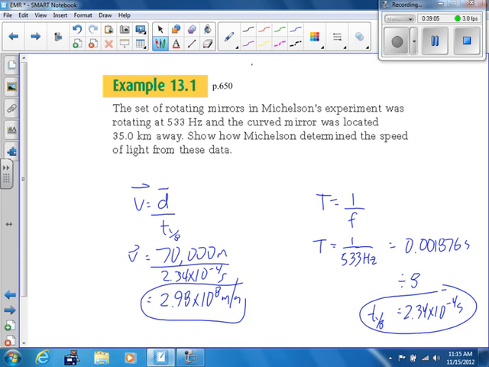There is no way that you'd be able to measure that time physically by hand. No way. It's such a ridiculously small amount of time. But it is very conceivable to know the frequency of a mirror, how many revolutions per minute or per second that it's making. If we know the frequency, we can get the time by using the period equation.